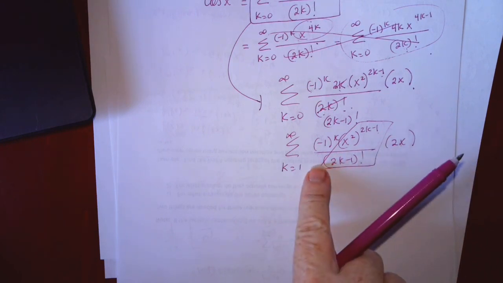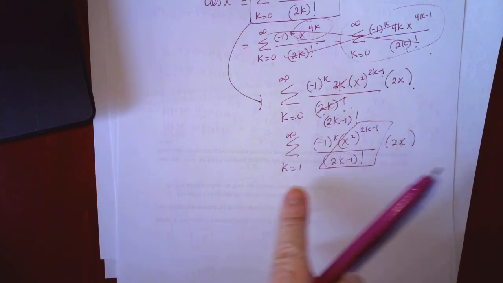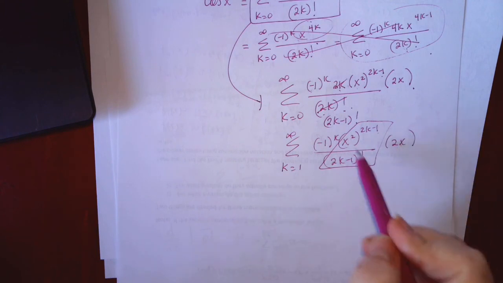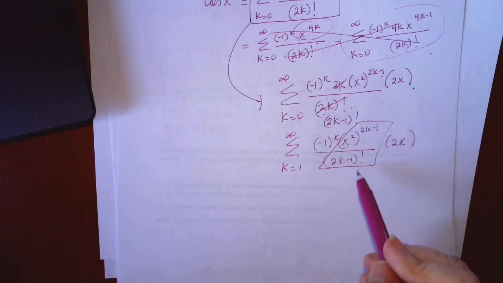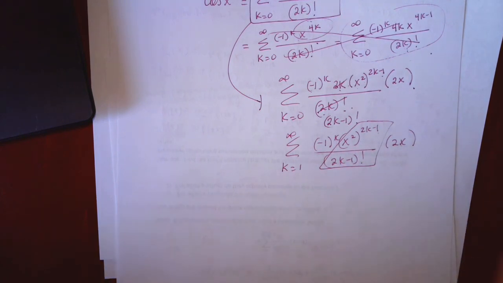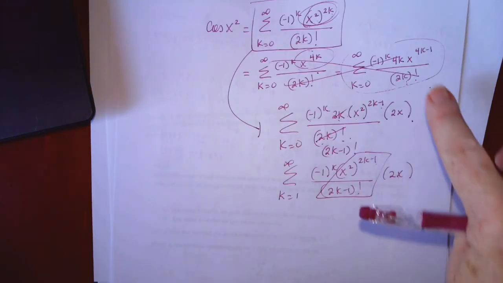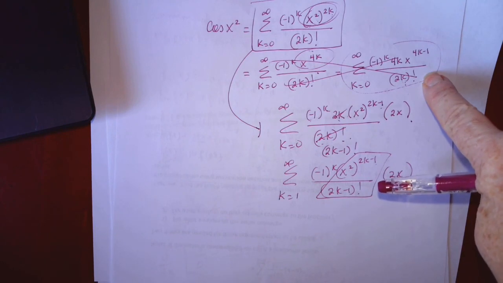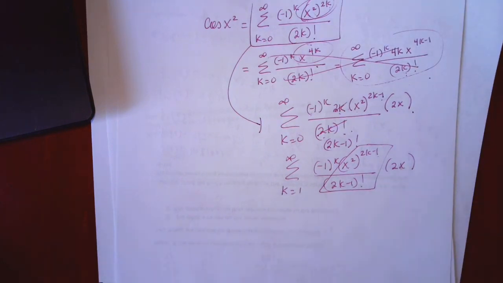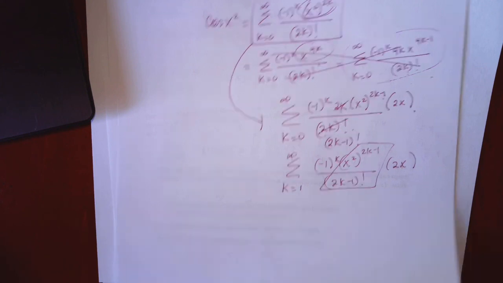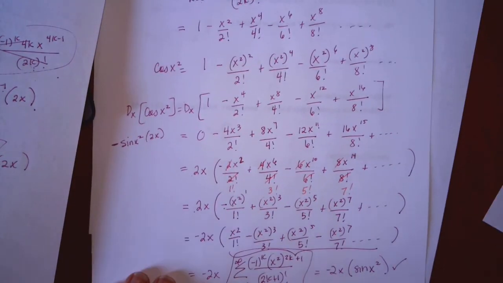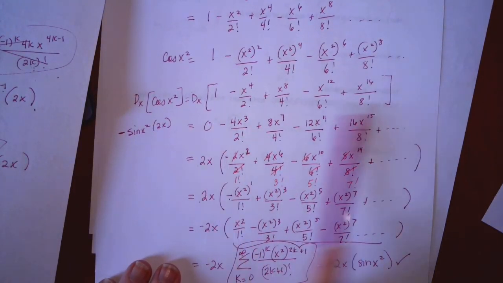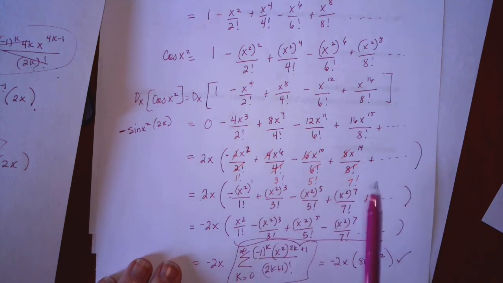We can shift it, if you like, back to 0, but I think it may be a little bit easier to see that you have a 2x times a power series representation for sine this way than it would have been if we had continued with this one. But don't be afraid, because even though it's kind of a painful process to take the derivative term by term, it works.